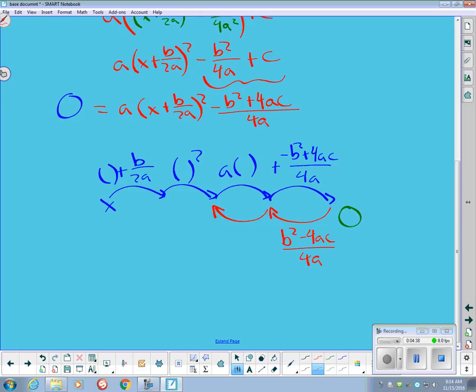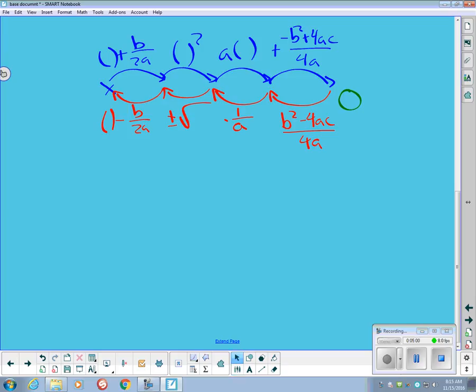I will then divide by a, so I'm going to have times 1 over a. And this will be a plus or minus square root, and this will subtract b over 2a from it.